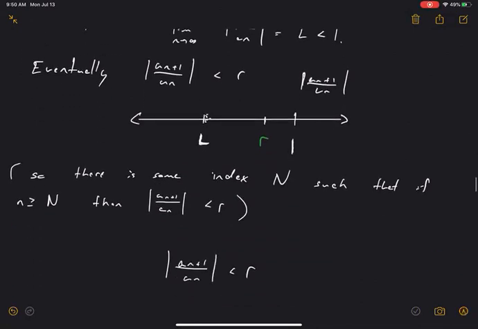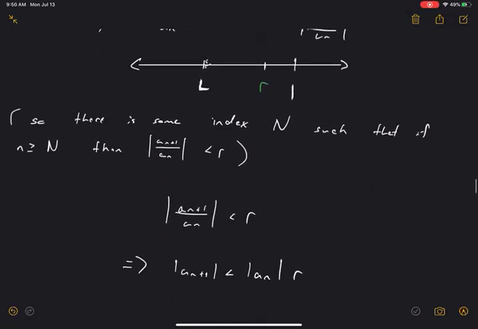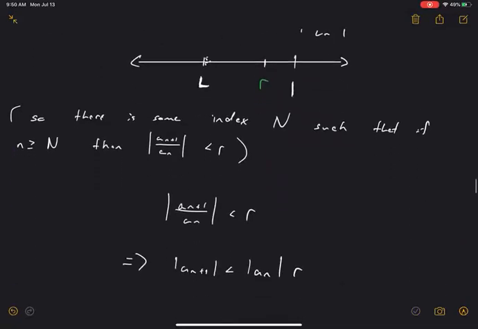And what we're going to do is compare our series to a geometric series.